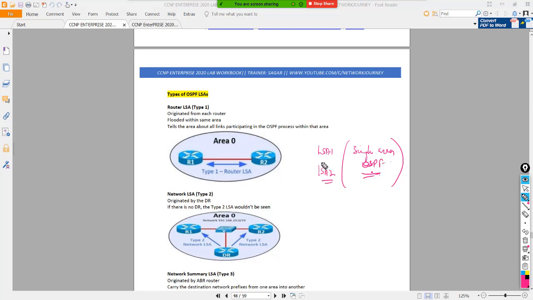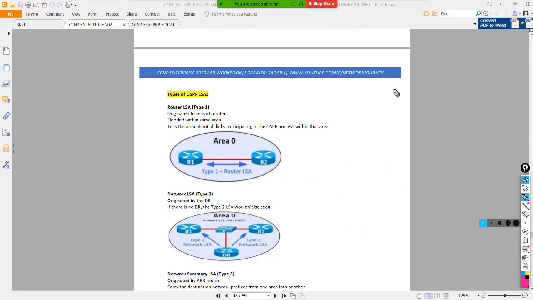And this LSA2 is seen only in a DR/BDR environment. If there is no DR/BDR, or in very short terms, if there is no multi-access environment, then you will not see LSA2 generating. This LSA2 is generated by the DR router. Now let's go back to what I'm just telling.